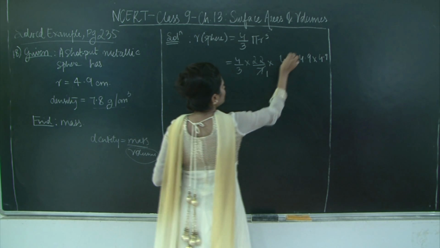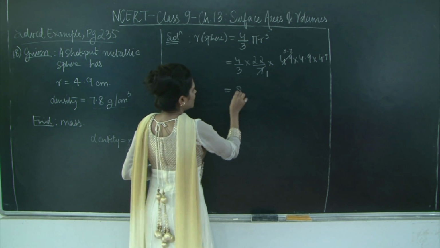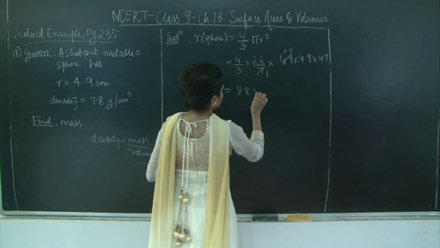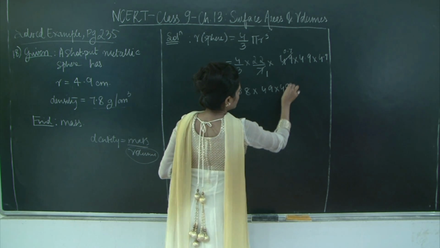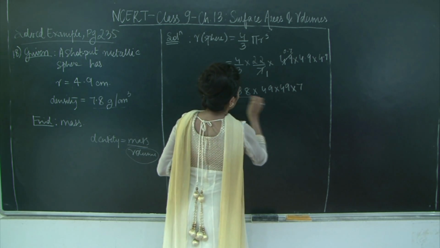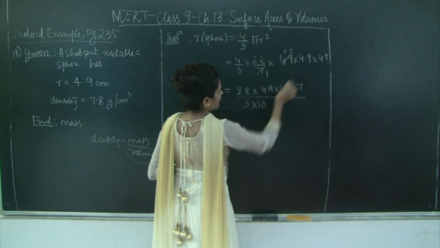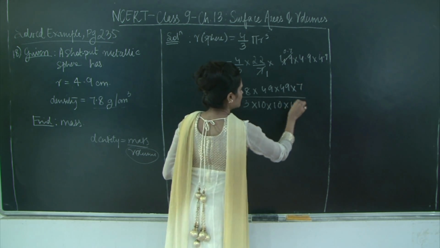So 7 ones are 7, 7 7s are 49, so you have 88. Now 49 into 49 into 7 upon 3 into 1 decimal place, so 10, another decimal place, so 10, and another, so 10, right?